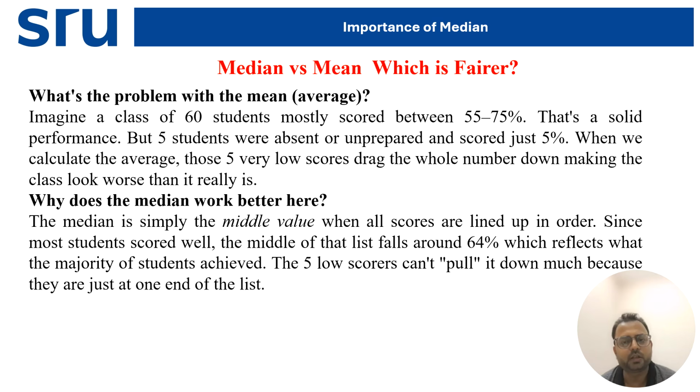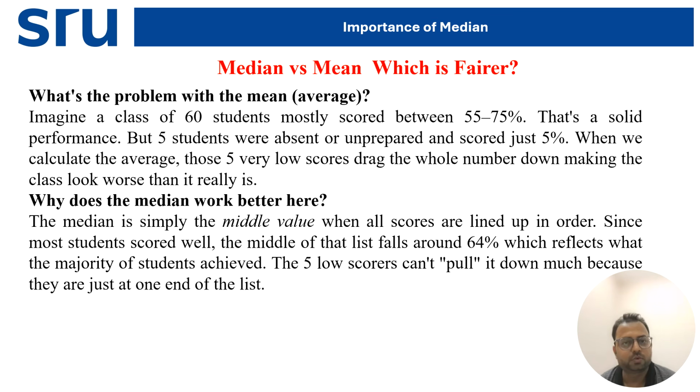Now when we calculate the mean, the average value, these very low scores pull the overall average down. Even though the majority performed well, the average makes it seem like the class performance is lower than it actually is. This can give a misleading picture. This is where the median helps. The median is simply the middle value when all scores are arranged in order.